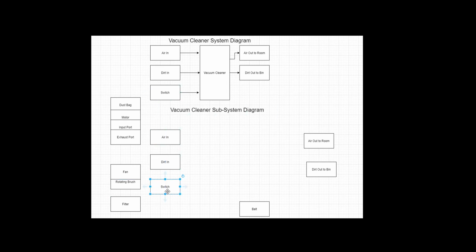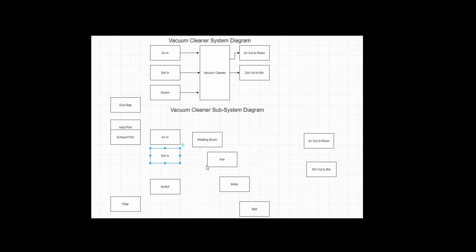Right. The switch will control the motor. The motor will control the fan. The motor will also control the rotating brush. Now, I guess on the way in, the air and the dirt is going to pass the rotating brush, so they maybe need to go there. Then maybe the fan.